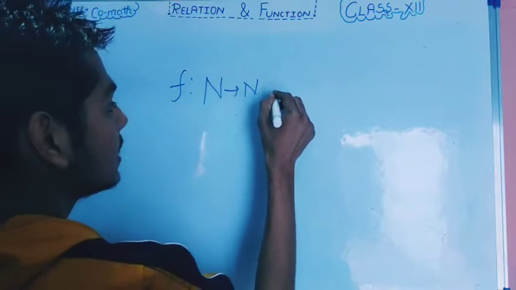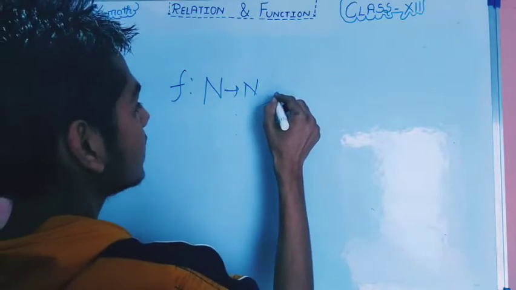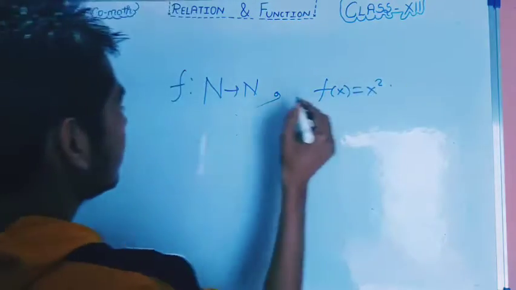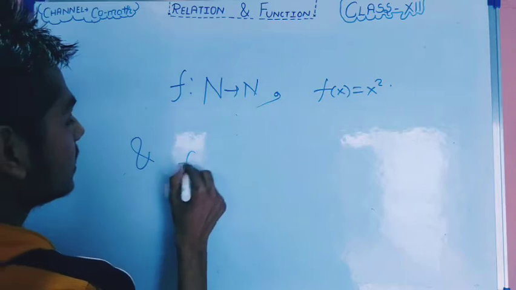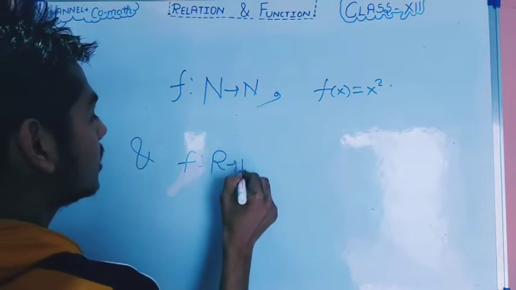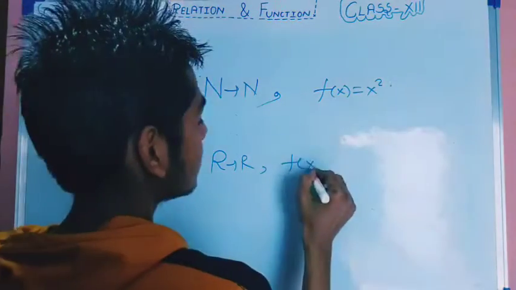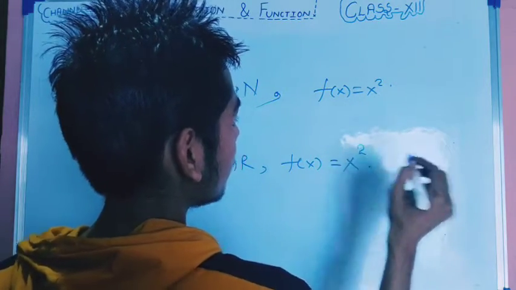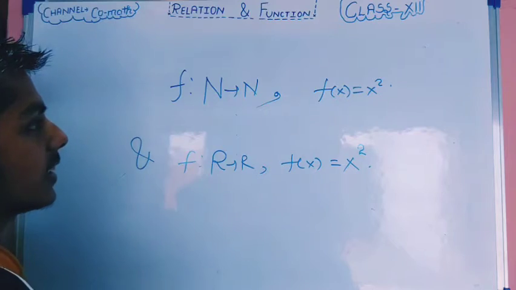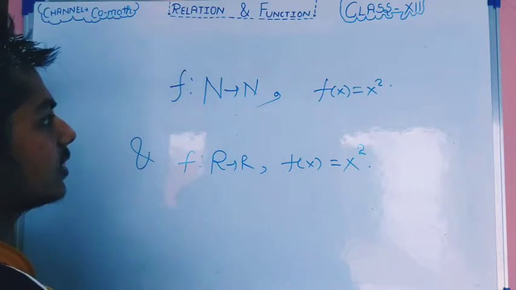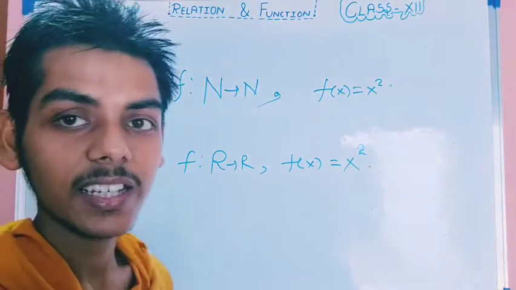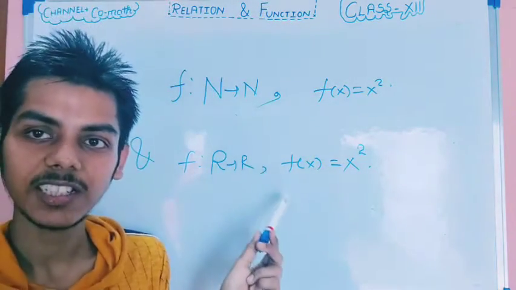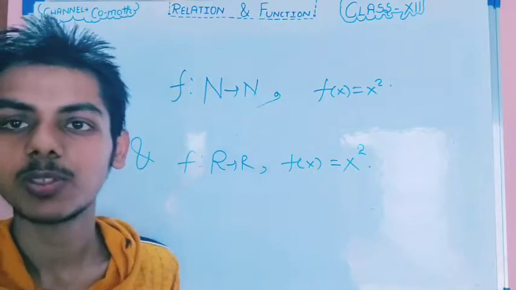A function from the set of natural numbers to the set of natural numbers given by f(x) = x square, and a function from real numbers to real numbers given by f(x) = x square. Okay, so tell me in the comment whether these functions are injective or surjective or both.